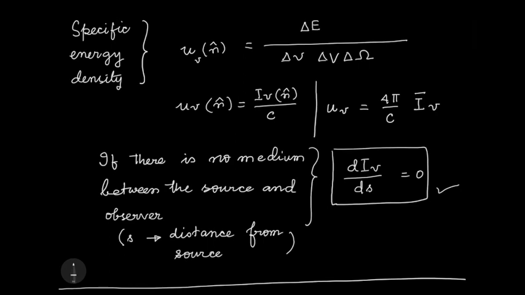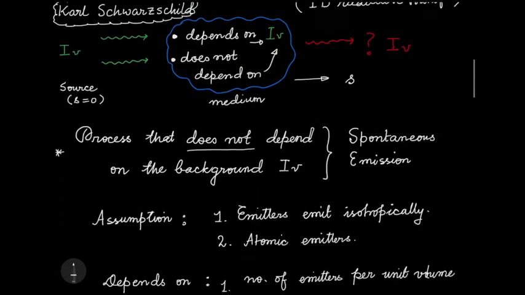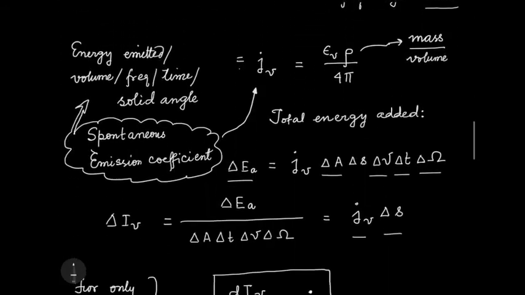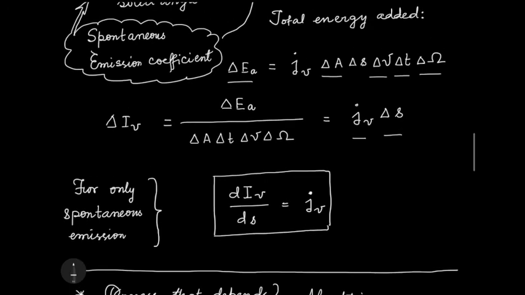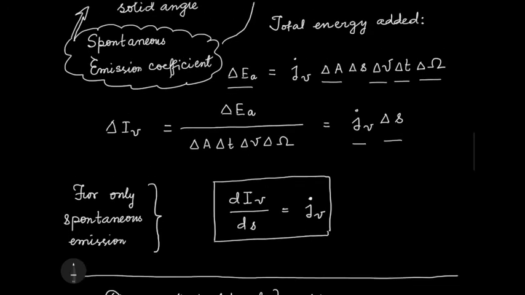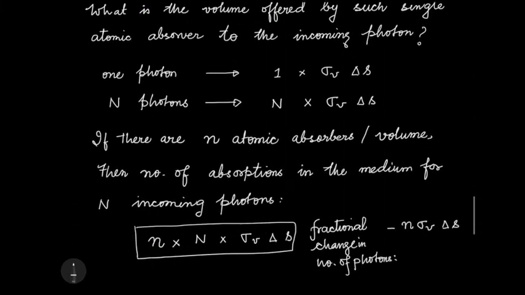Okay, so what have we got? Let me recapitulate. If there is no medium, I nu doesn't change with s, dI nu ds equals 0. If there is a medium and only emission, then per unit distance the radiation travels in the medium, j nu amount of intensity is added to it.